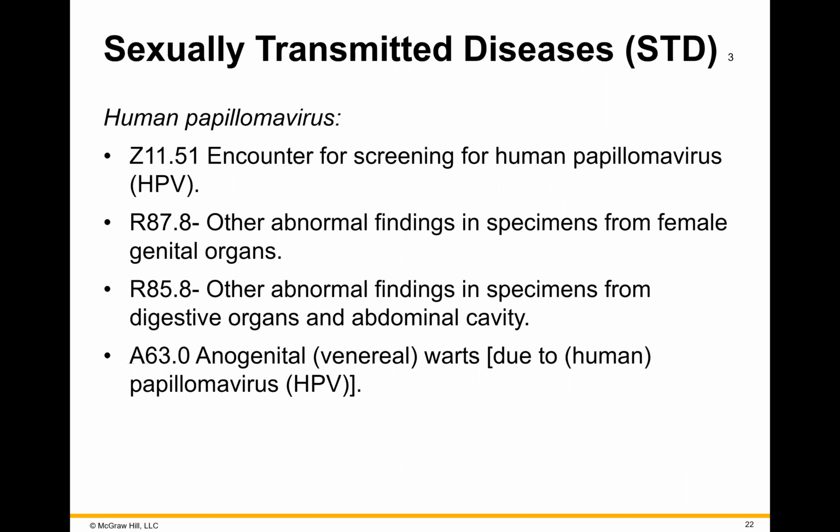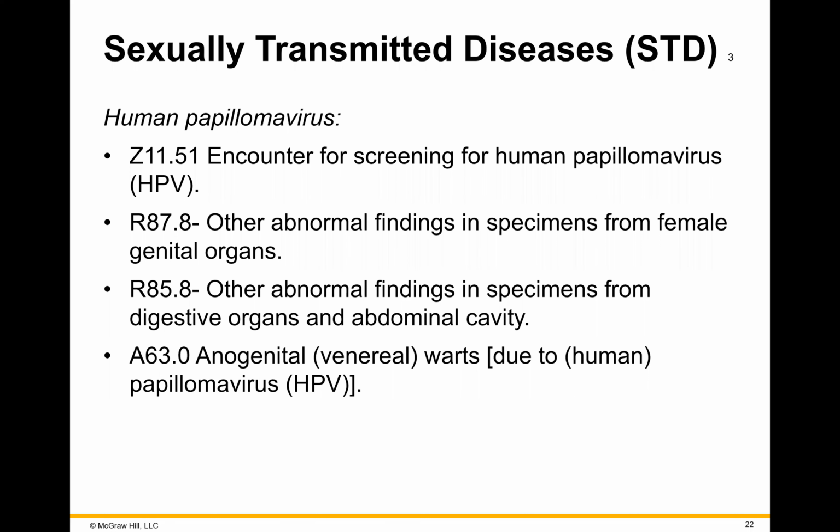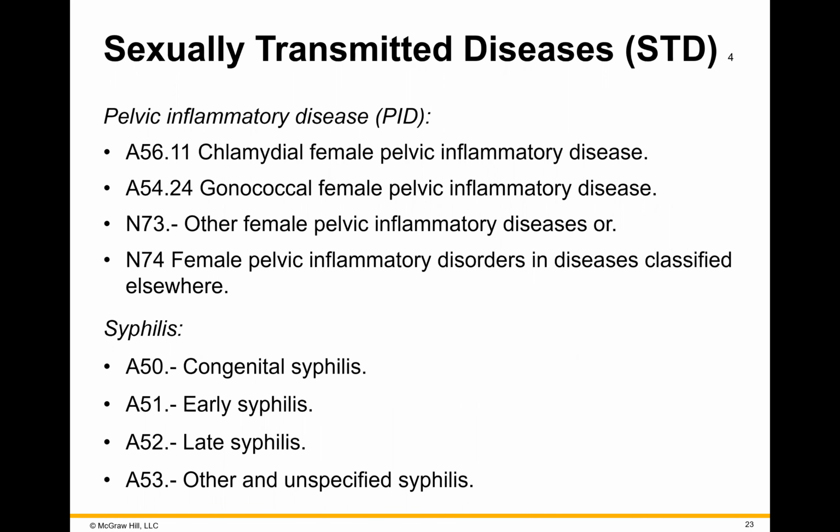And again, more of these sexually transmitted diseases, the HPV, C1151, the R87 abnormal findings. Again, those are considered symptoms when they're described as findings. PID, again, a lot of these, PID is kind of the global term.